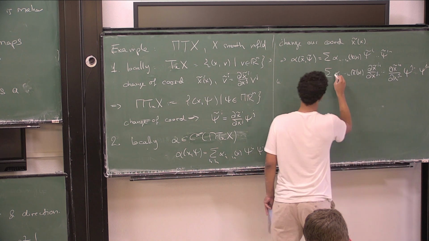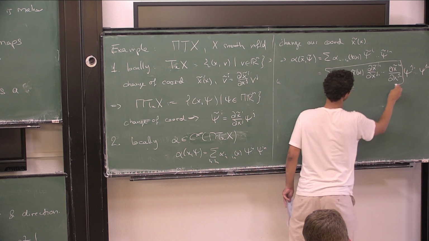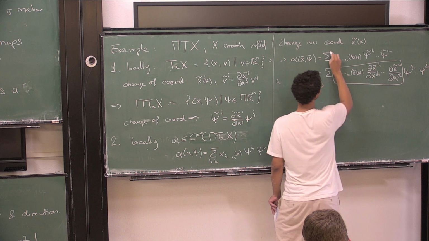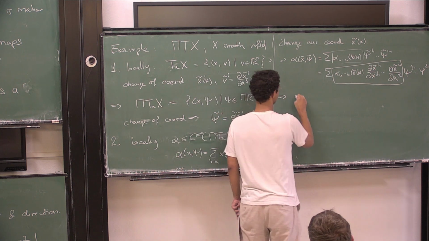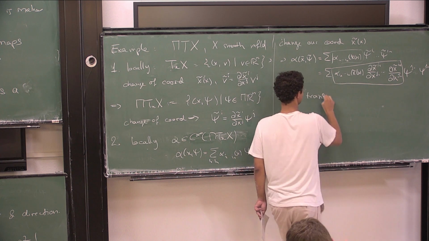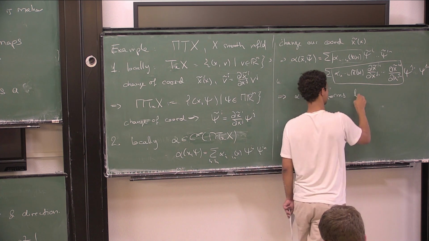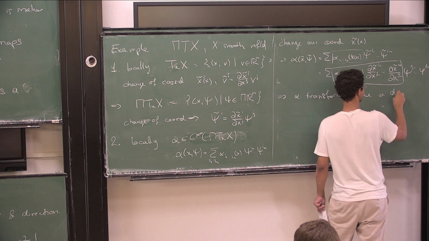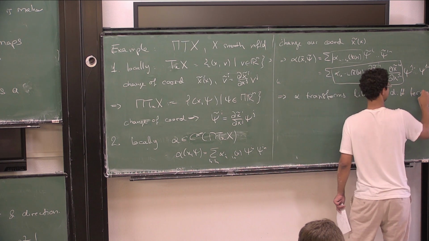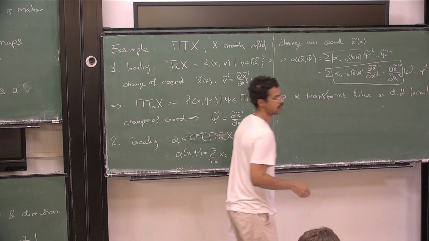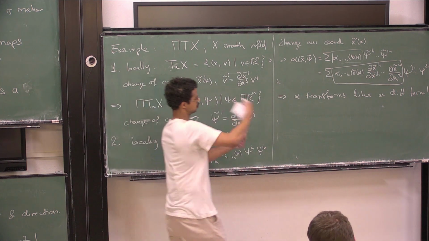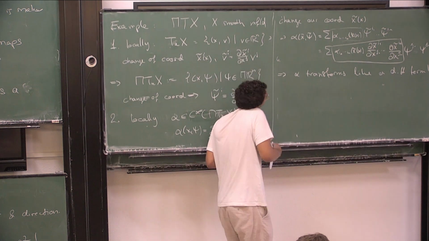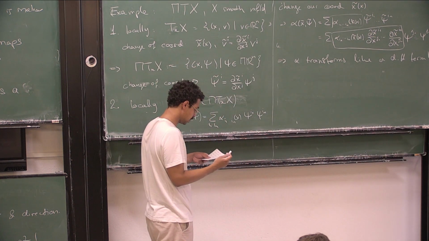But if you look at this part here, roughly, then you would say that alpha transforms like a differential form, because this is precisely how differential forms change under coordinate transformations.